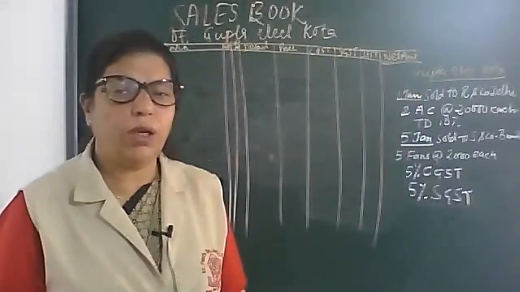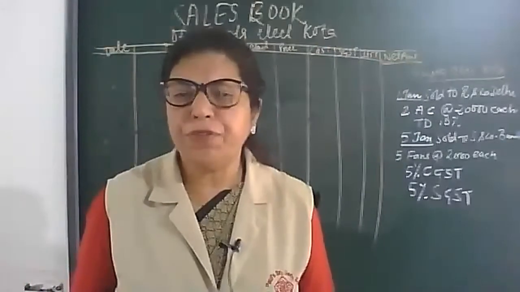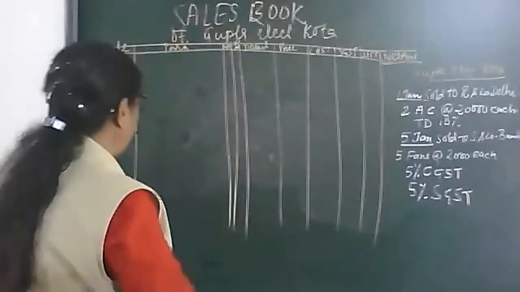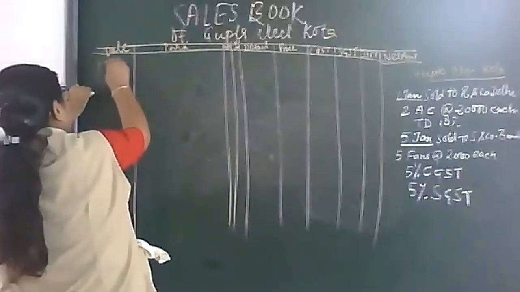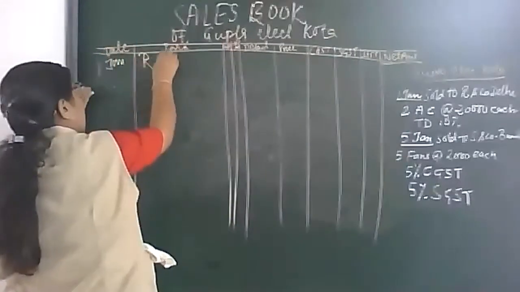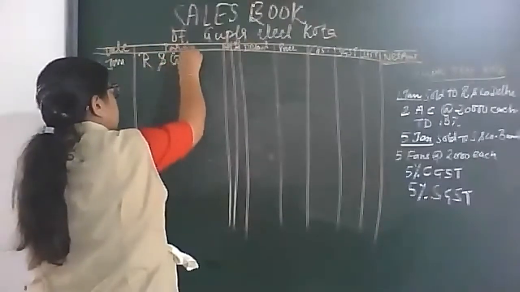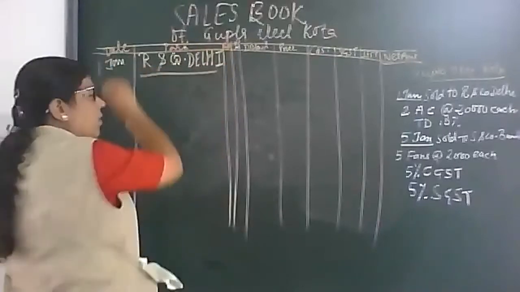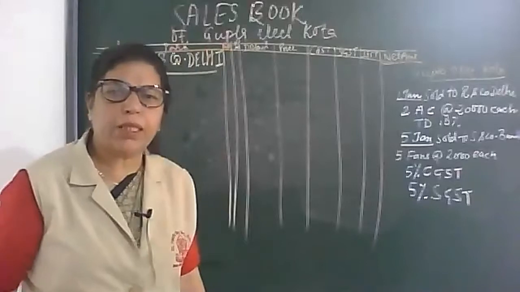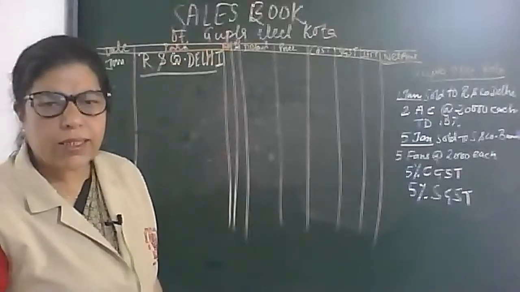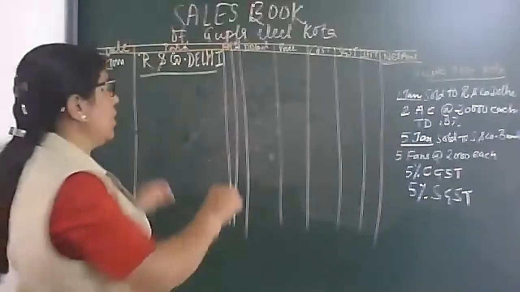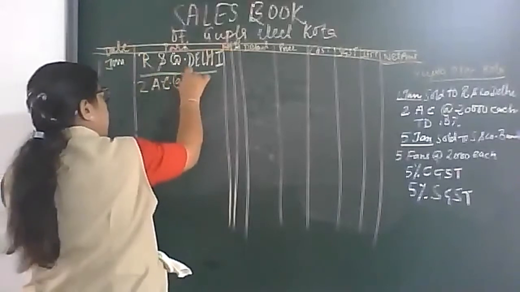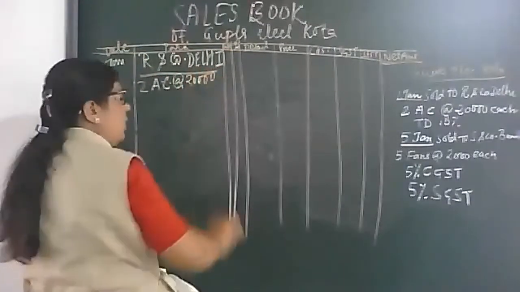Now one by one we will enter the transactions. First of all, look at the screen. Date 1st January. Sold to R and Company, Delhi. You are selling 2 ACs, so you will write 2 AC at the rate of 20,000 each.